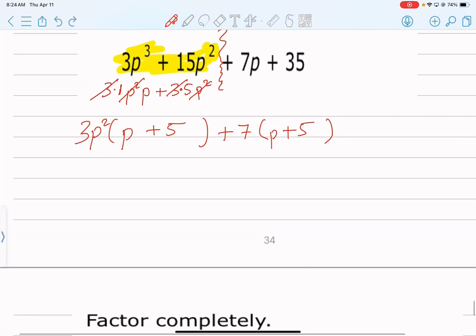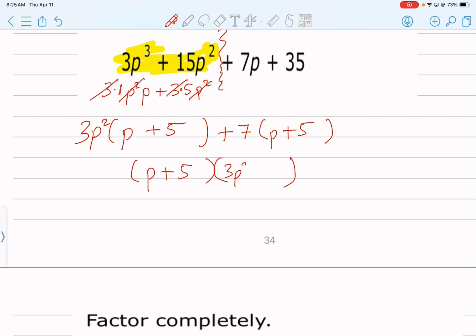Now, my final answer, parentheses, parentheses. Can someone tell me what goes inside the parentheses? For the left side, you would put P plus 5, and then you're going to have to put 3p squared plus 7. Good job.